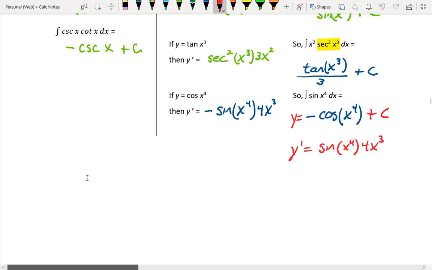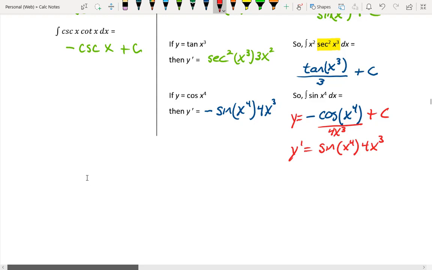Now, the problem is, you cannot manufacture a variable. You can't just say, oh, well, then I'm going to take this and divide this by 4x cubed. You can't do that. That doesn't work. Dividing by a number is different from dividing by a variable. So I can't just divide out an x cubed. When you take the integral, you need to be able to see the derivative of the variable in the integral.